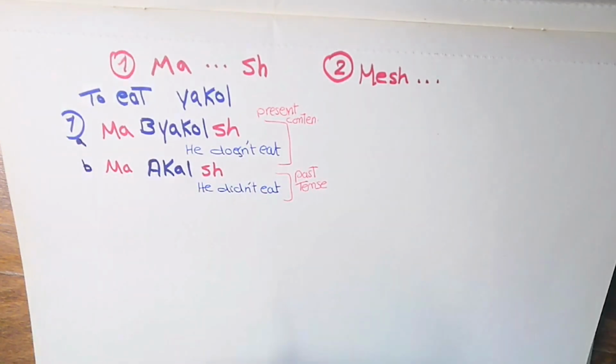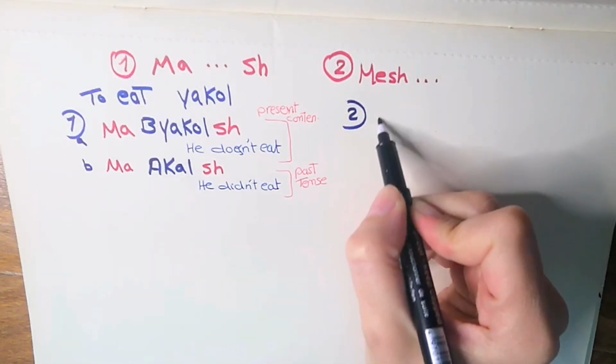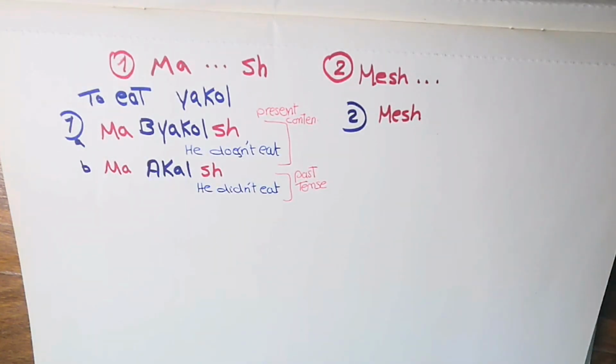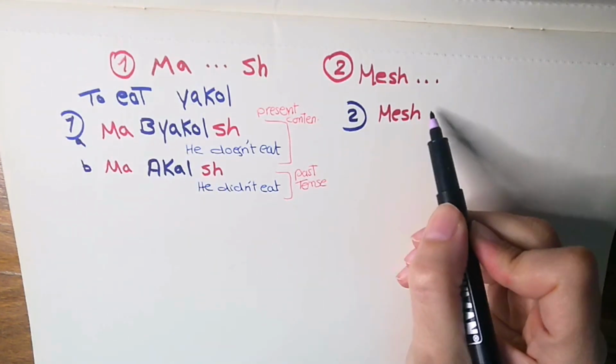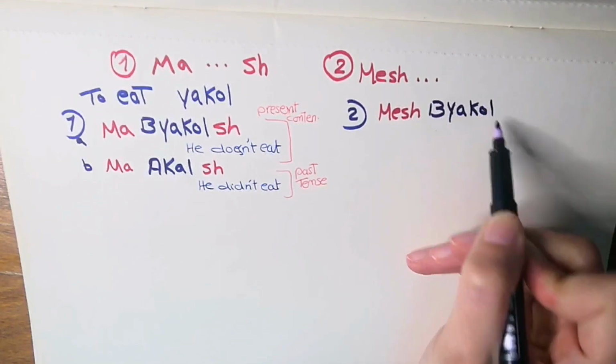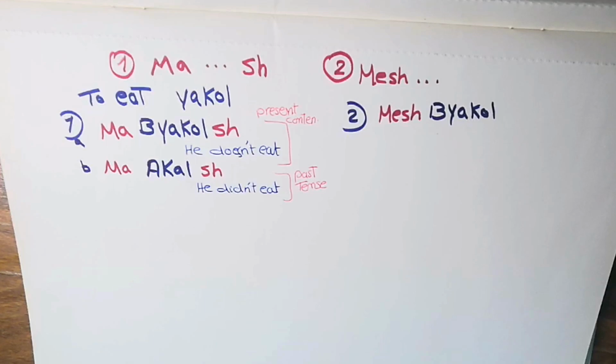The other form is mish, that comes before the verb, and in this form we can only use the present continuous form. Mish, and what's the present continuous of yakul? It's biyakul, so mish biyakul. And this translates to he doesn't eat.